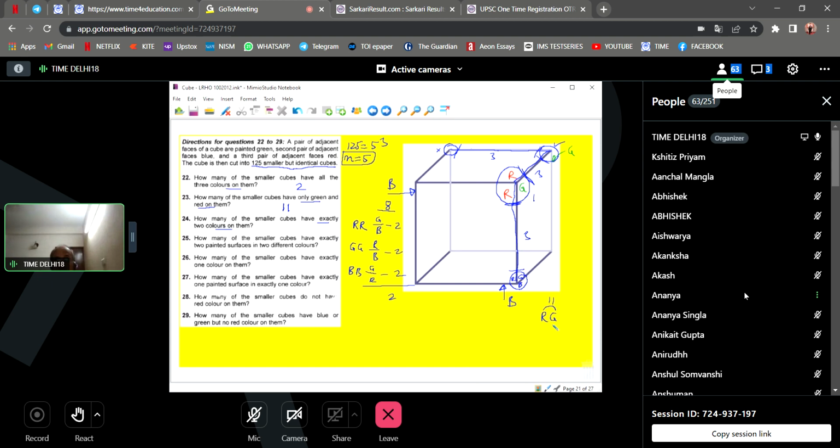The 3 different colors are red, green, and blue. Now taking 2 colors at a time, red, green, 11, green and blue, 11, red and blue. How many? 11. Same. Total how many? 33. Answer to question number 24, 33.